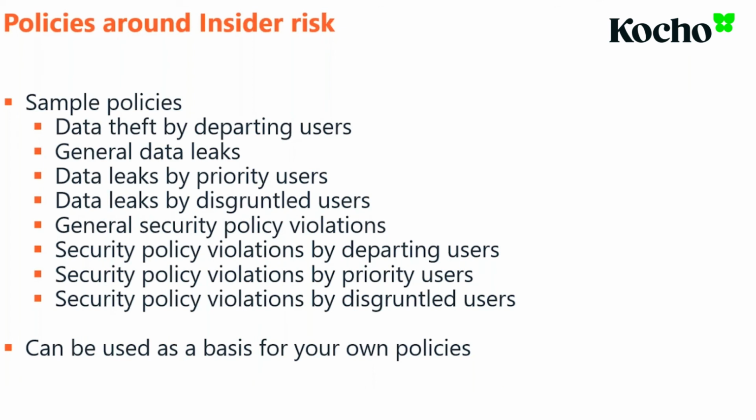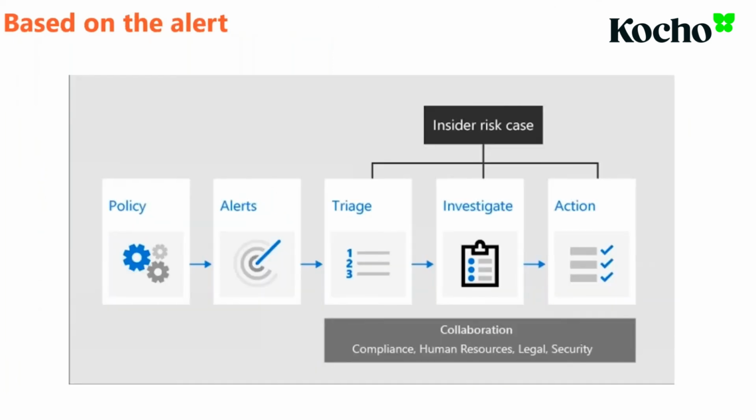There's obviously quite a few things here. You don't have to stick purely with the Microsoft policy. You can use it as a baseline, and you can extend that baseline to increase or decrease the relevant posture depending on the people that you have available to you. And it's your own policies that will create the alerts. And when you have the alert, you can then start to take action against it.